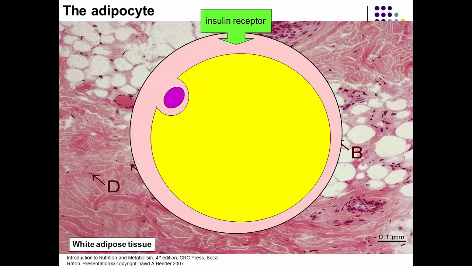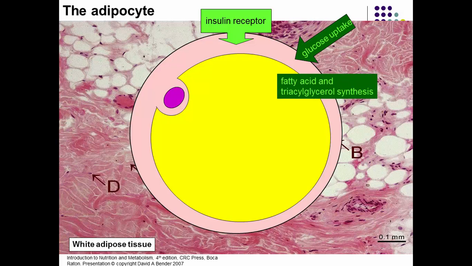And functions. We know that the adipocyte is an insulin responsive cell, meaning that it has insulin receptors, right? So insulin can bind these receptors, and one of the important functions is glucose uptake, right? And GLUT4 is the transporter that is regulated by insulin and increases glucose uptake.